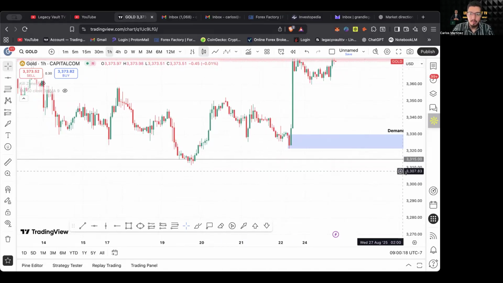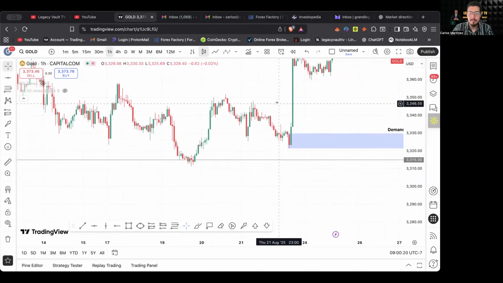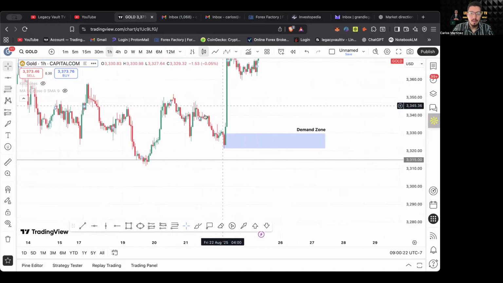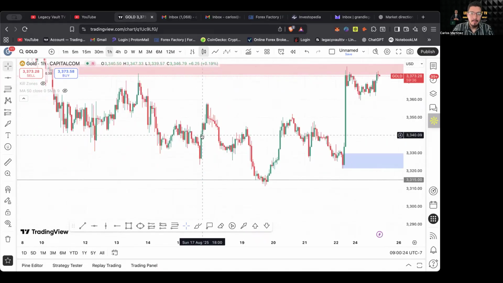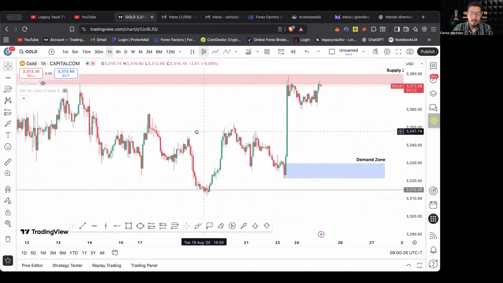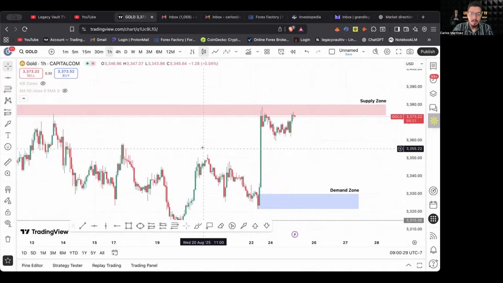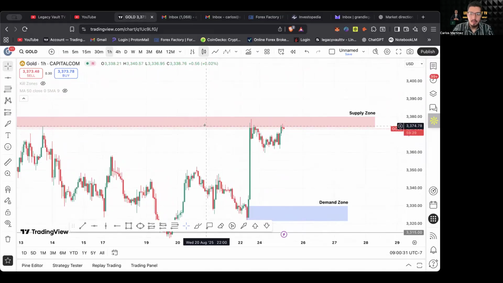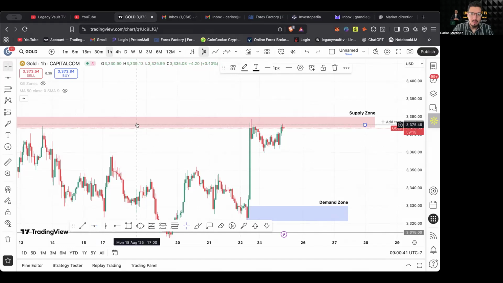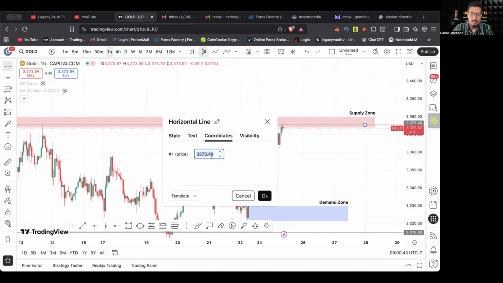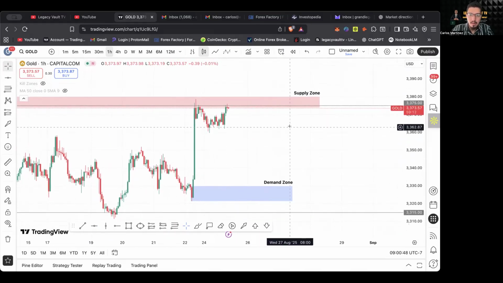That could be a support zone right there at 33.15. Same thing with a resistance here. We can put a resistance line at 33.75.